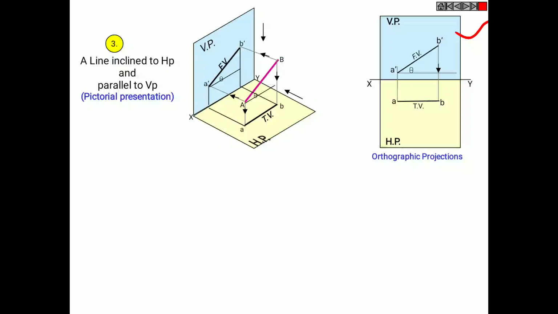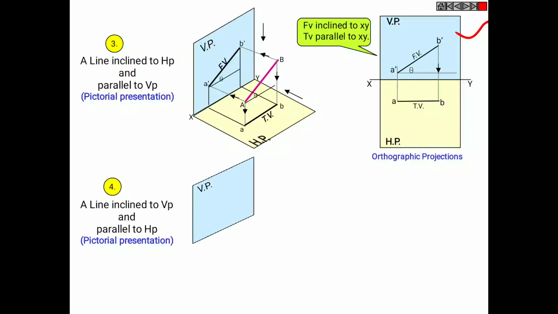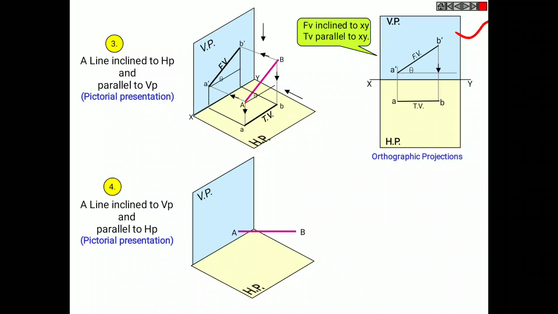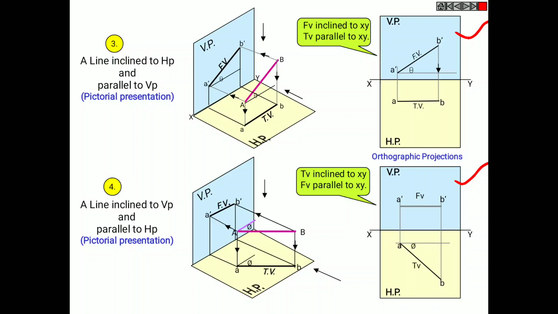This is your orthographic projection. In the fourth case, a line inclined to VP and parallel to HP. This is your orthographic projection for the fourth case. Take a couple of minutes and make a note of the third case and your fourth case.